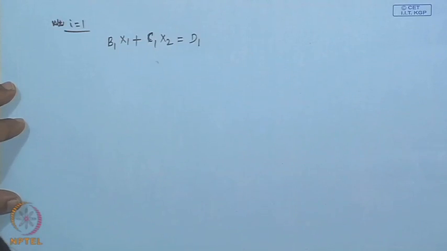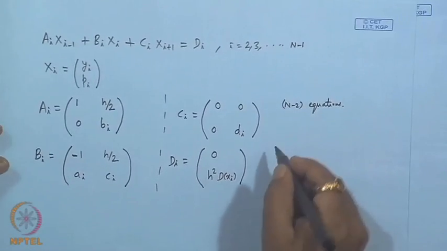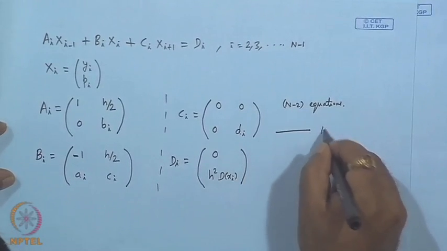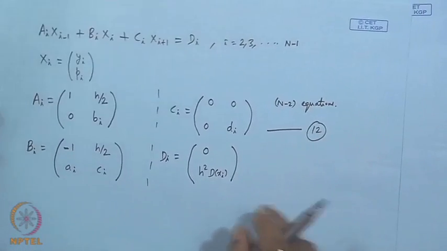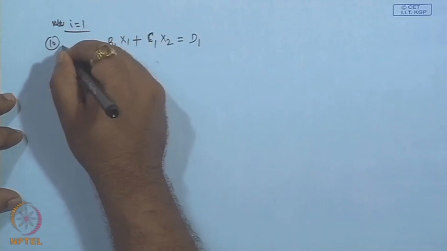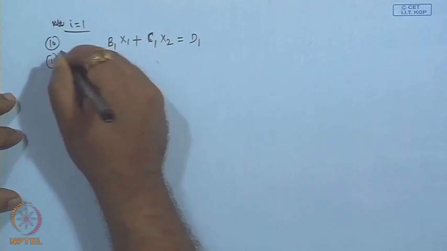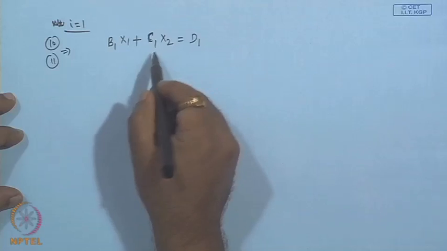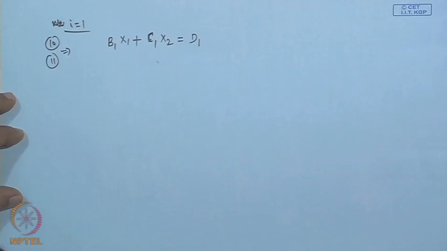Okay. So, we have to give some number, 12, but 10 and 11, i equals to 1, 10 and 11. They can be put like this.